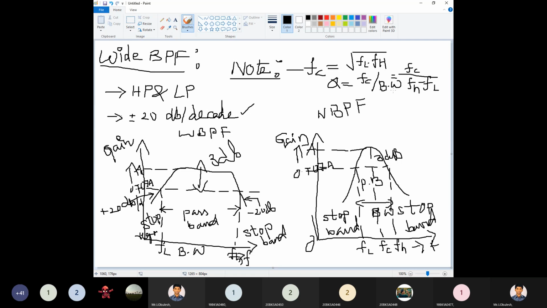Bandwidth is nothing but the difference between the higher frequency and the lower frequency. This is for the wide band pass filter.